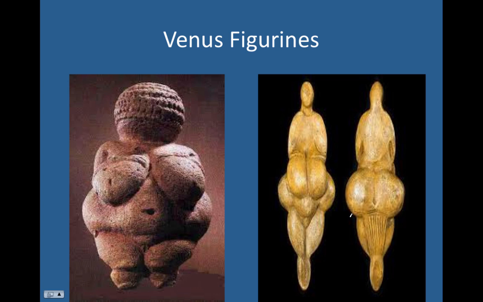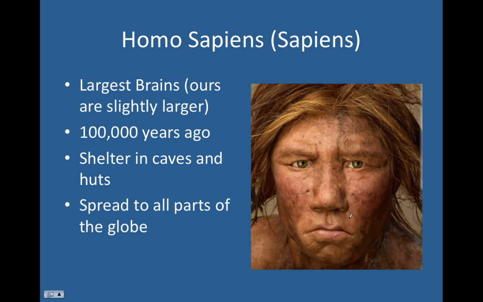Now, did they eventually, to use the term, intermarry, and maybe that's where modern-day Homo sapiens came from, and they all kind of blended? Or was there an early war? Or what happened to the Cro-Magnons? What happened to the Neanderthals? We just don't know. But eventually, 100,000 years ago, we get Homo sapiens.